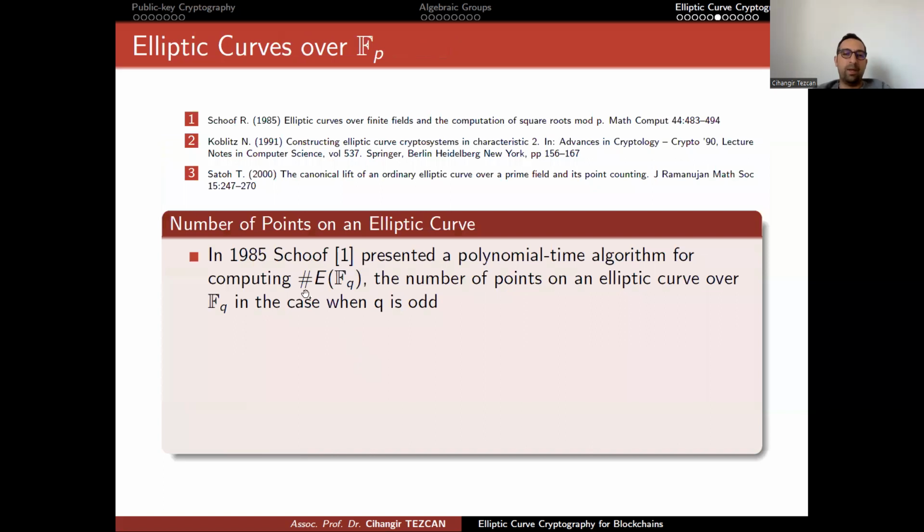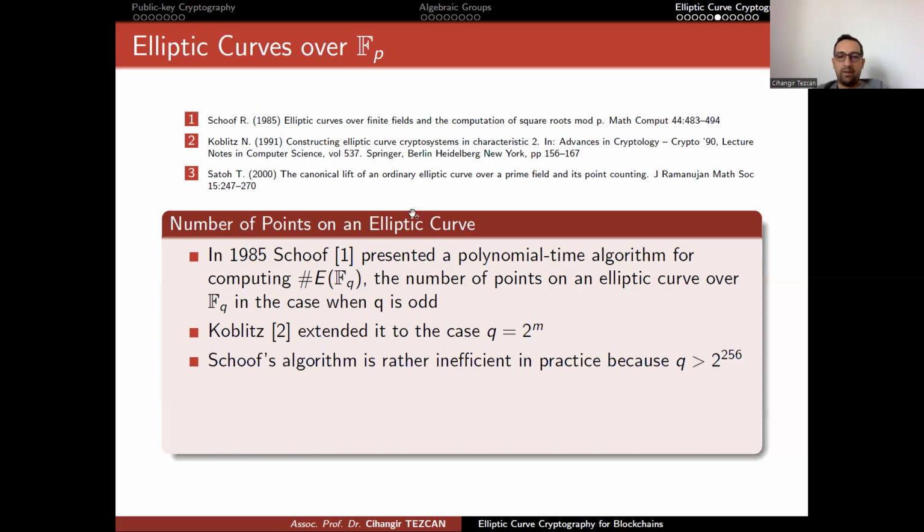The good thing is that we have an algorithm from 1985 by Schoof. He presented a polynomial time algorithm for computing the number of points on an elliptic curve over the field F_q, when q is odd. This paper only works for this case, but Koblitz extended it to the case where q equals 2 to the n.